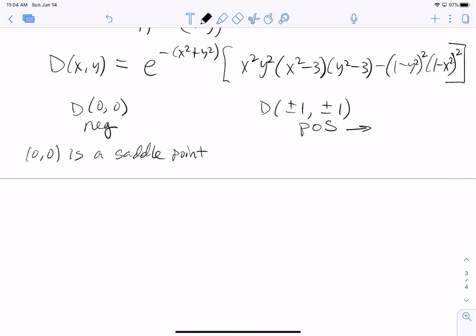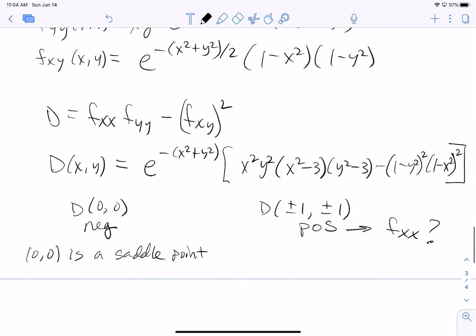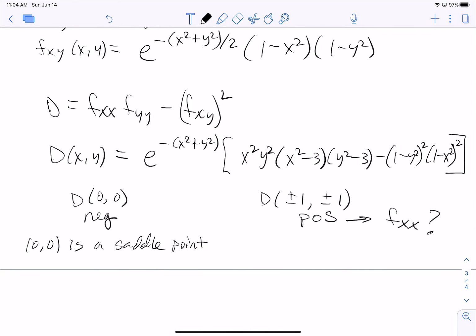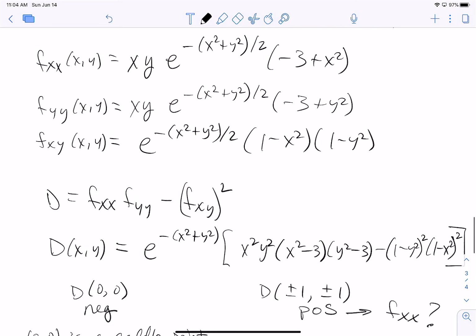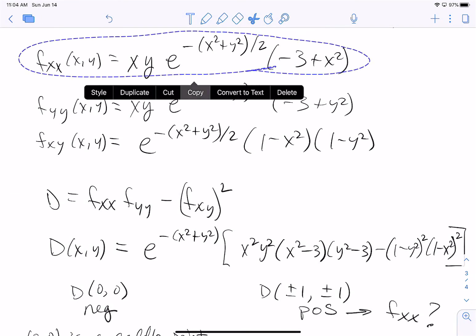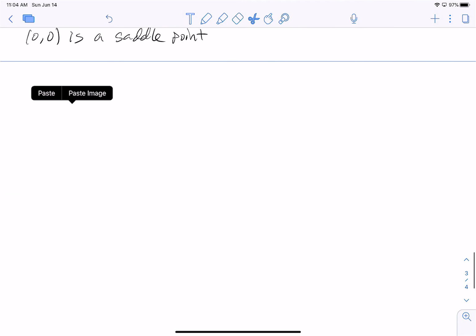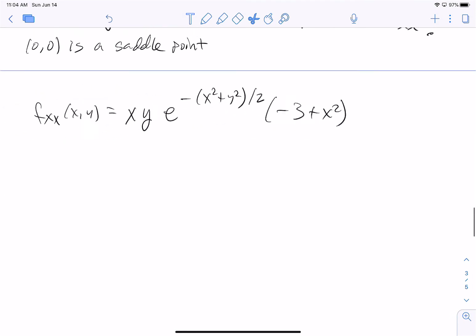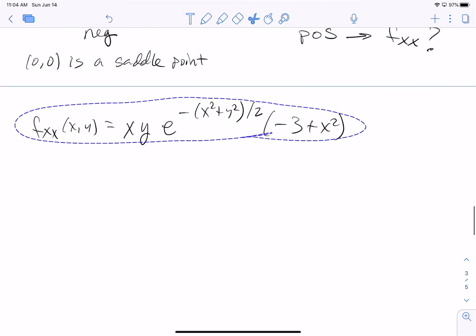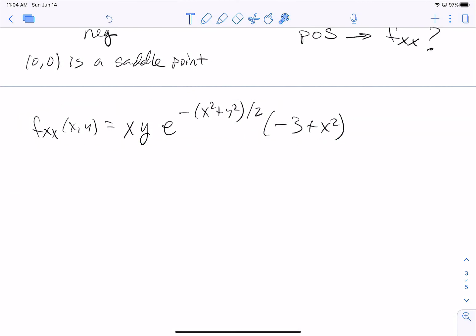At this point, now we need to know what's going on with fxx. Well, fxx is way up here, and I'm just going to go ahead and make use of this technology and copy and paste it. Now notice that for fxx, we have a factor xy, and then e to the negative (x squared plus y squared) over 2.